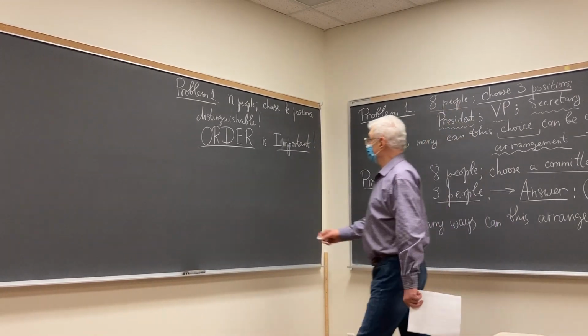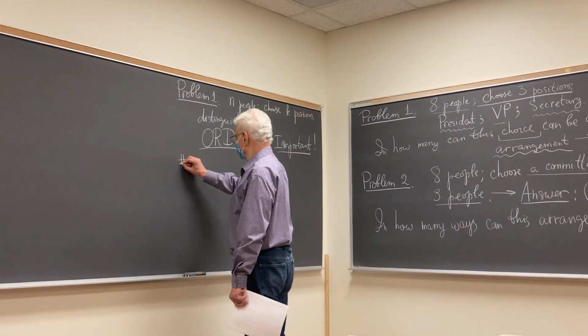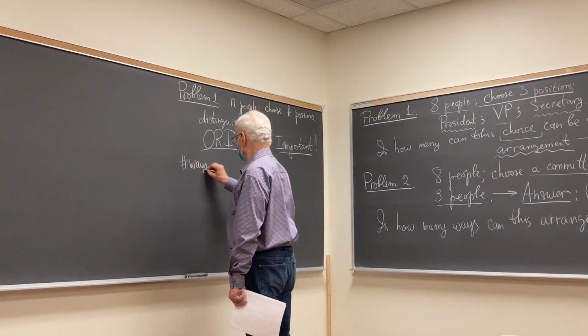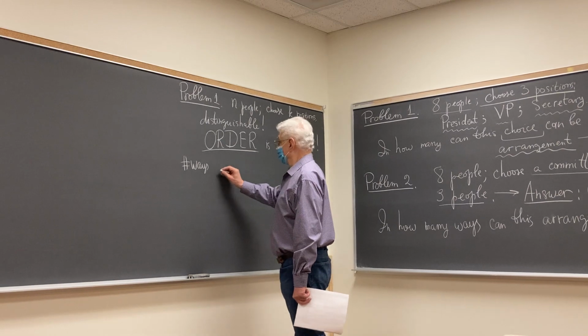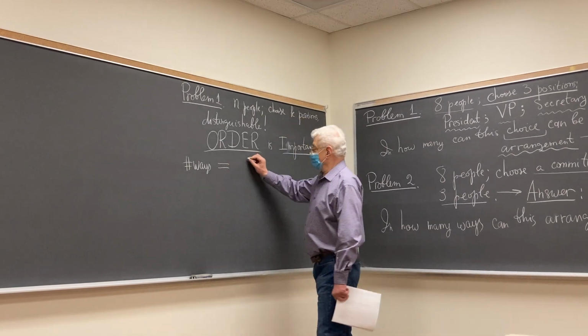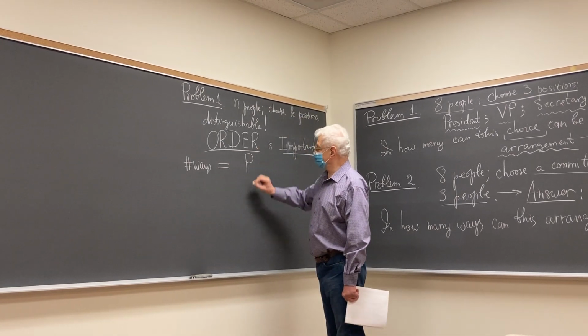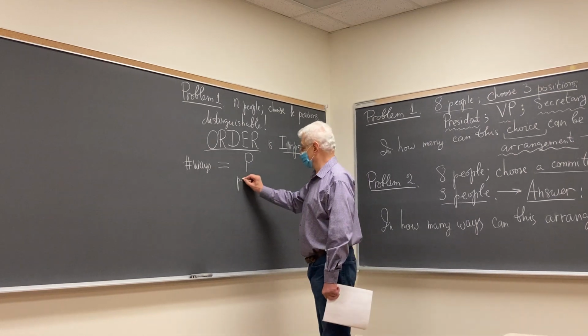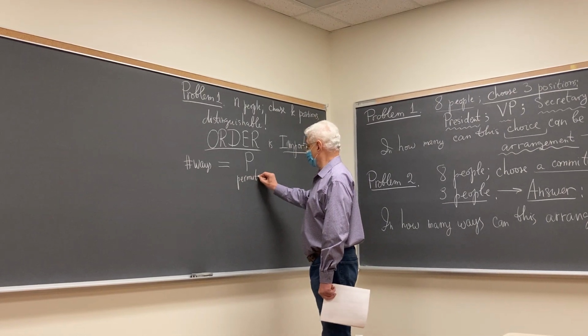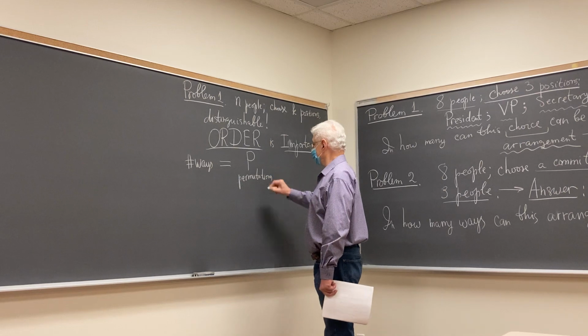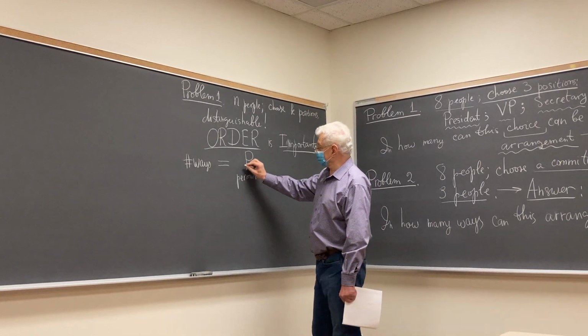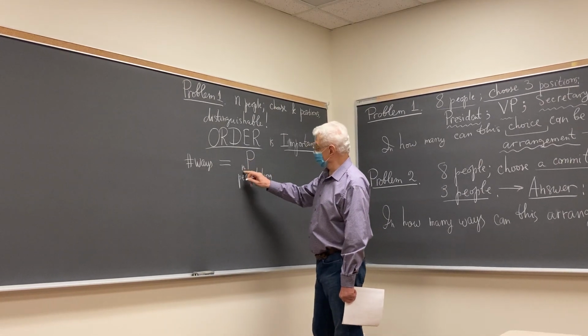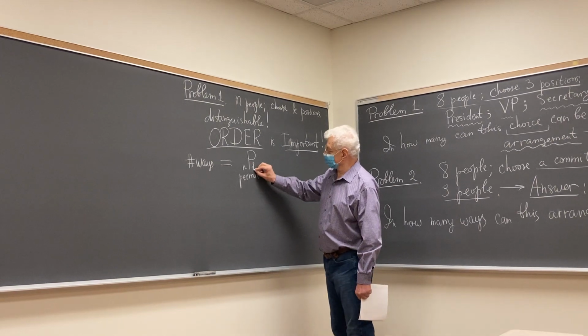And that's why the number of ways in this case is denoted as P, permutations, okay? And then we just write number n on the left side and k on the right side.